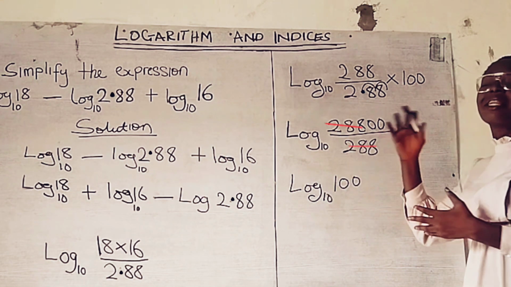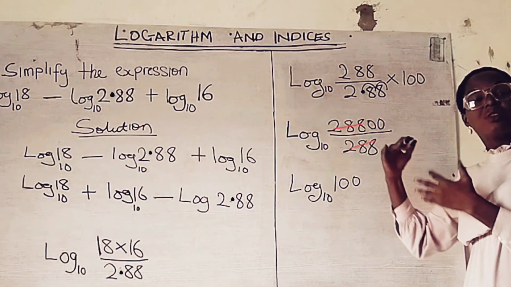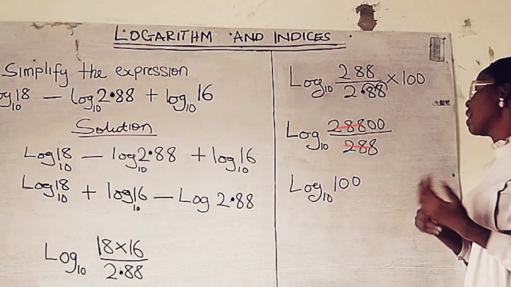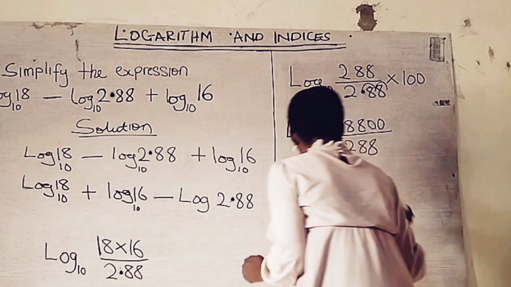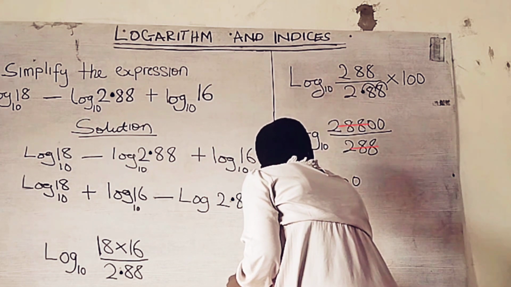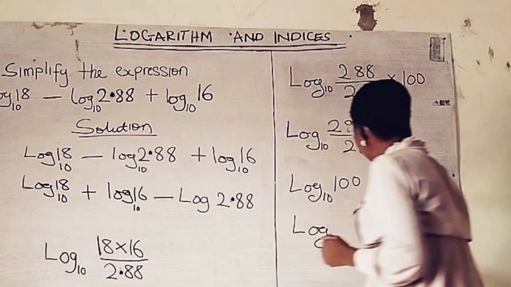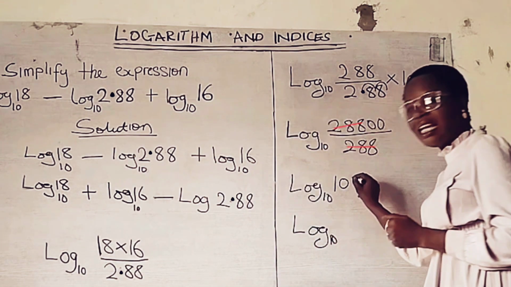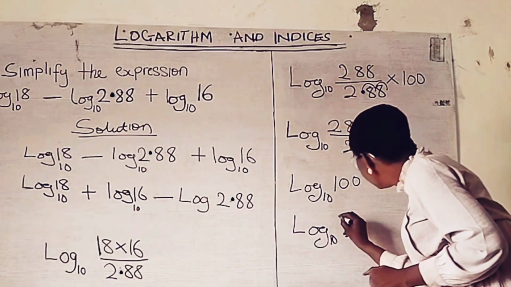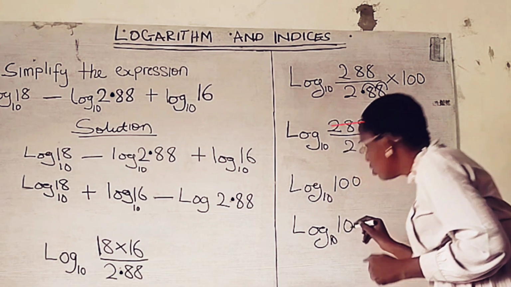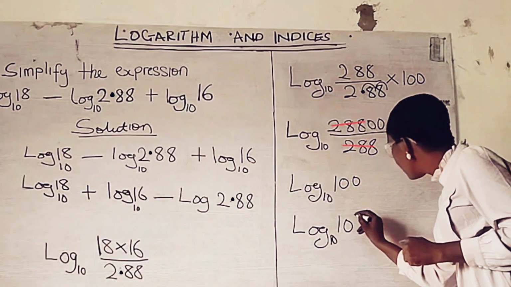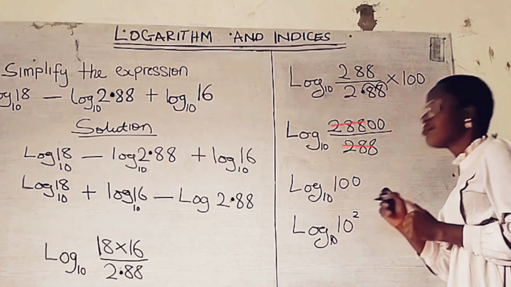I want to write it out like that. I'll write log 10, and this 100 will now become 10 raised to power 2.